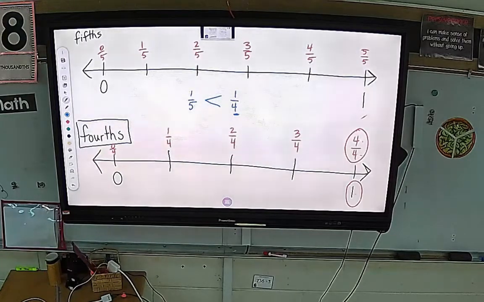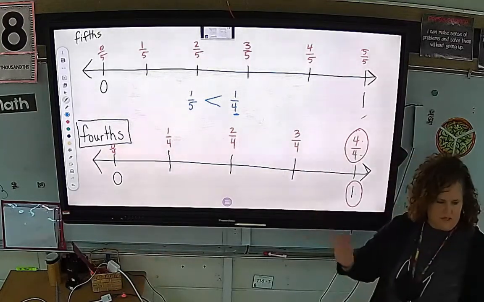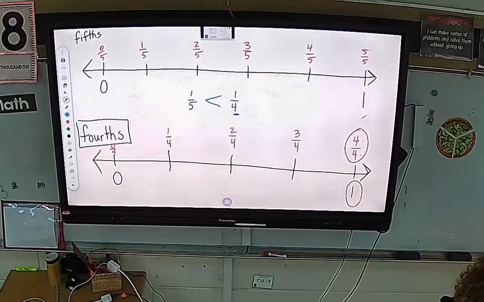We would have 1/3 at the next little hash marks, those little lines. Sometimes they're called tick marks. We just mean those little lines like this. Hash marks, tick marks, either one will work. Okay, this would be 2/3. And then we know that 3/3 is going to equal 1.